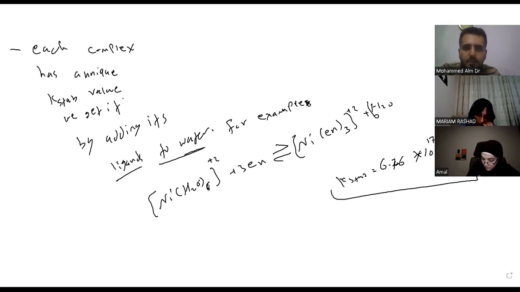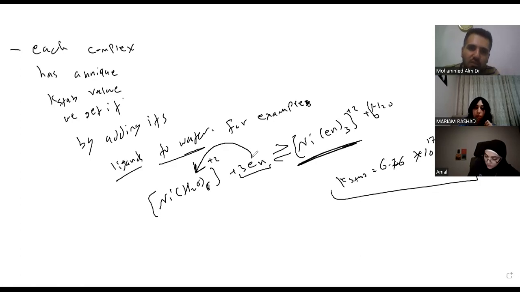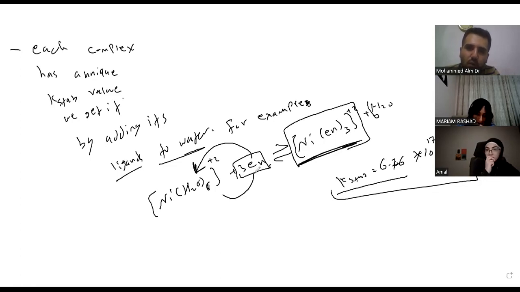And to measure the K stability of this complex, we are adding the ligands to the water, to the aqueous solution of nickel. Okay, guys, this is very important. The larger this number is, then the complex is what? More stable.